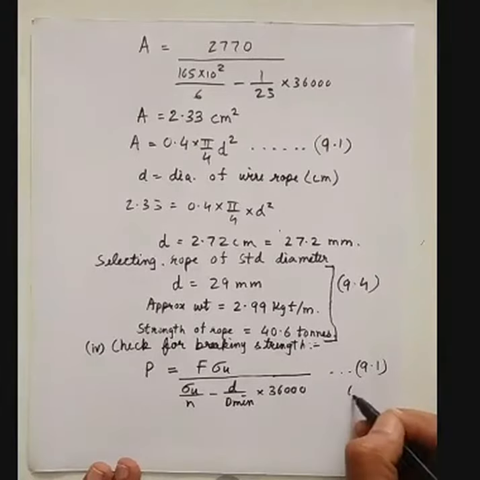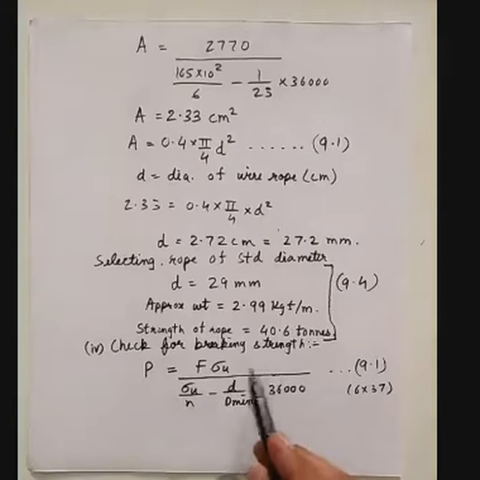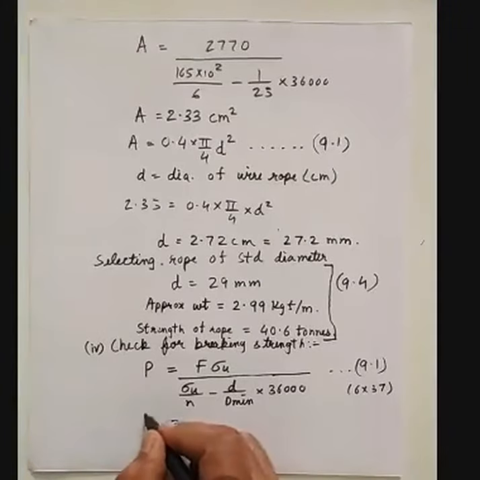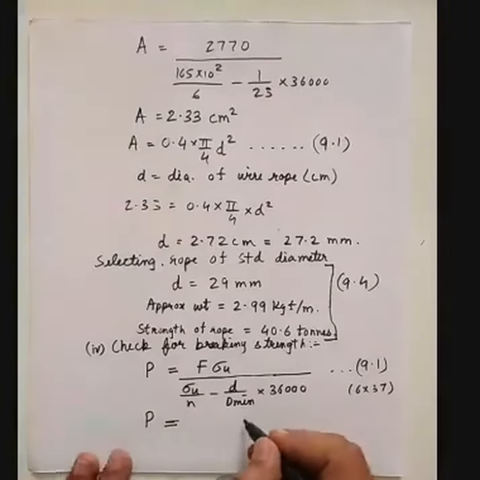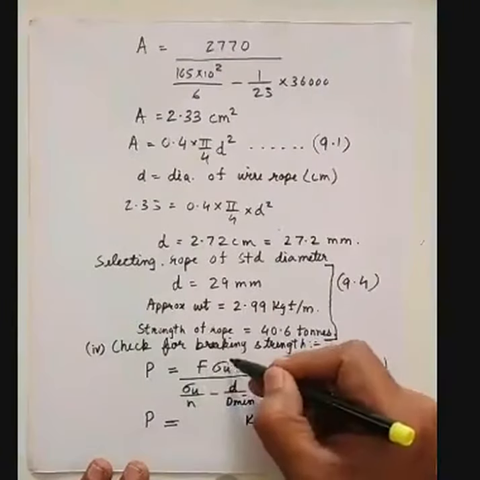This is for 6 into 37 rope. If the rope changes, the formula will change. Right? Now we have everything with us. Just substitute everything from the previous step and tell me the answer of strength. This is nothing but breaking strength, P. We want the answer in kgf, so substitute F in kgf.